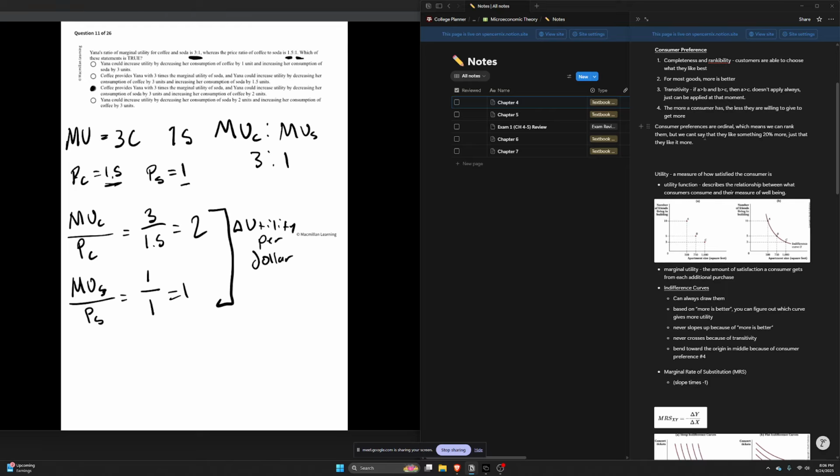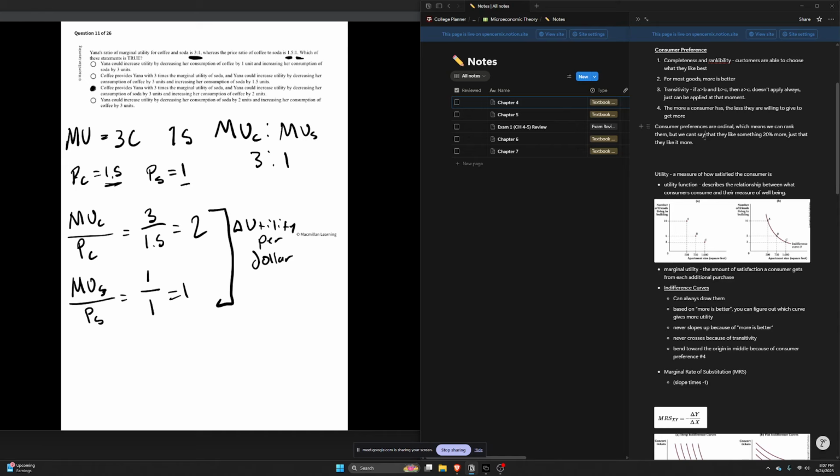We plug it into this formula to get the marginal utility per dollar, the change in utility per dollar. So the marginal utility of the coffee divided by the price would be 2, and the marginal utility divided by the price of the soda would be 1.